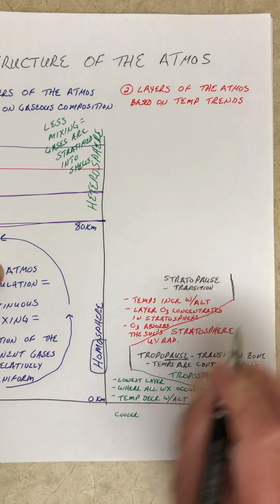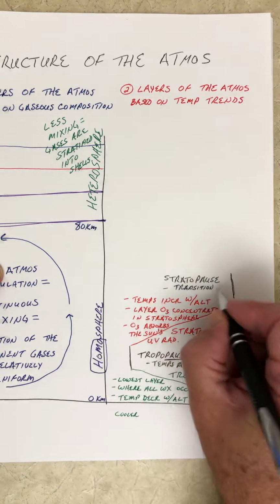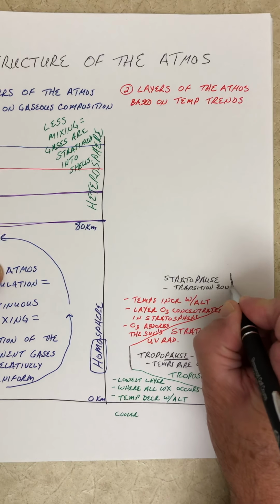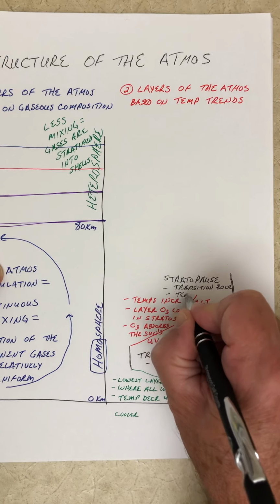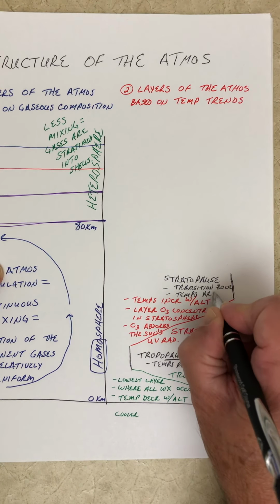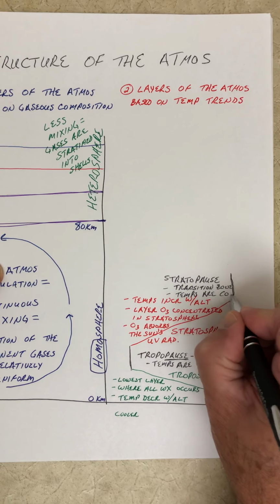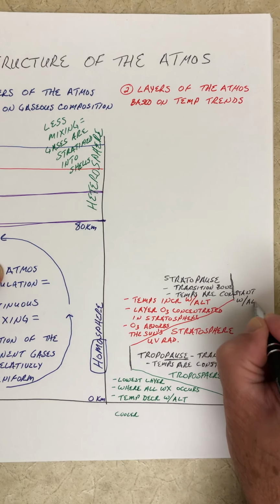So you're transitioning from the stratosphere into the next sphere called the mesosphere. So this is a transition zone, and in that transition zone, temperatures are constant with altitude. I told you this was going to get messy.